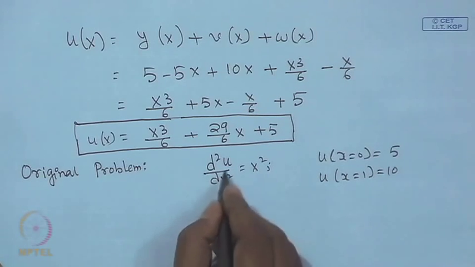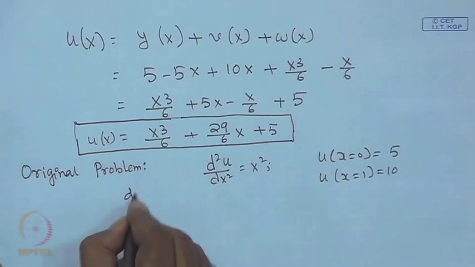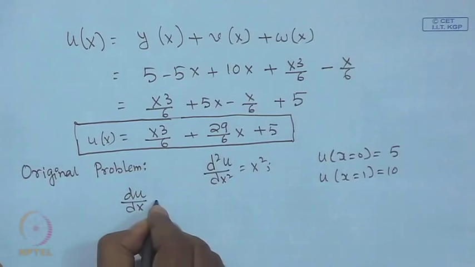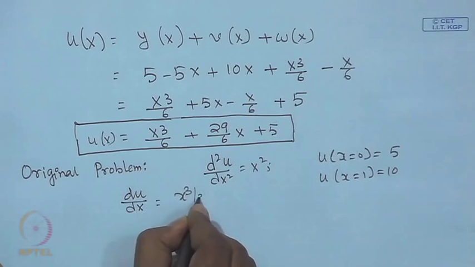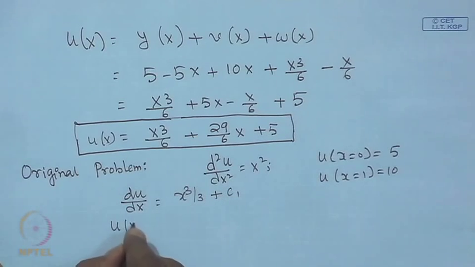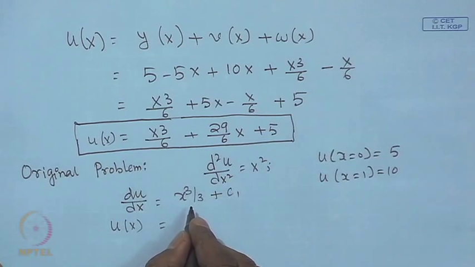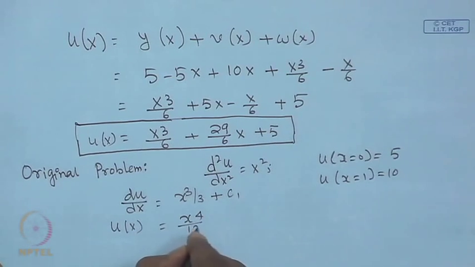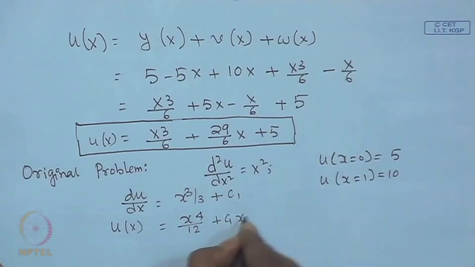So, just do it by one integration. One integration will give you du dx is equal to x square by 2 plus some constant c1. One more integration will give you x cube by 6 plus c1 x plus c2.